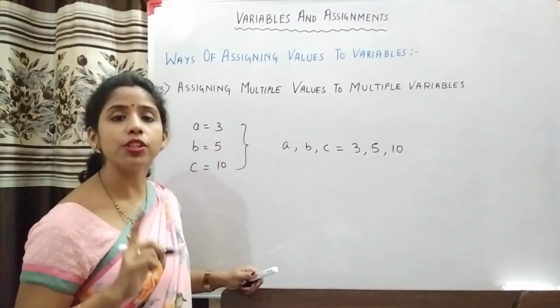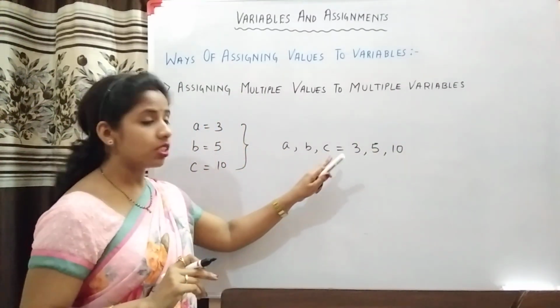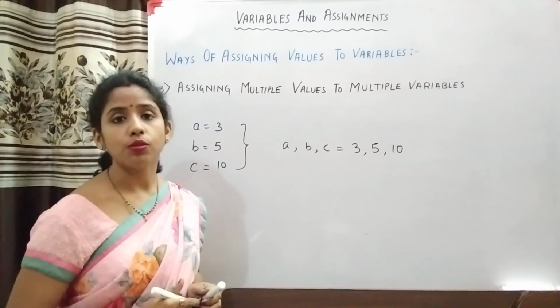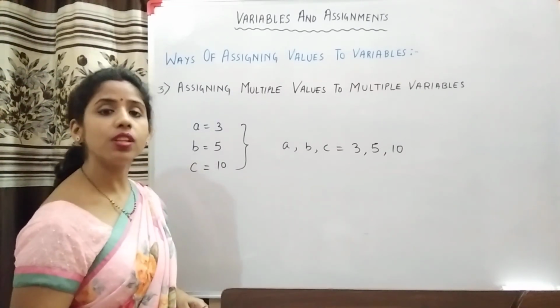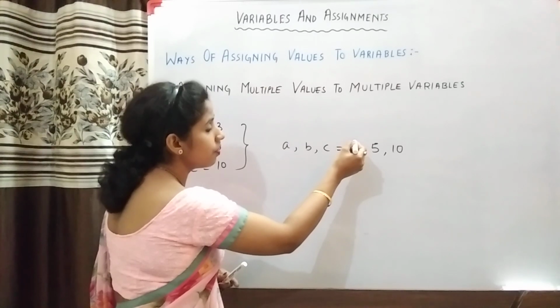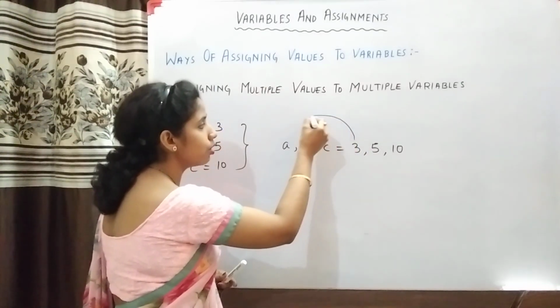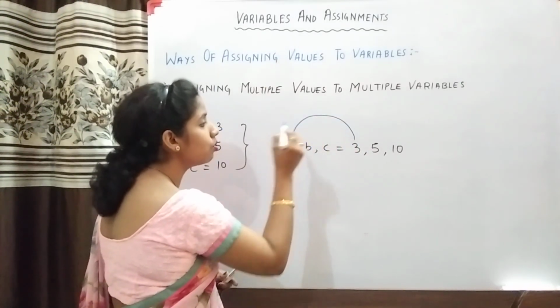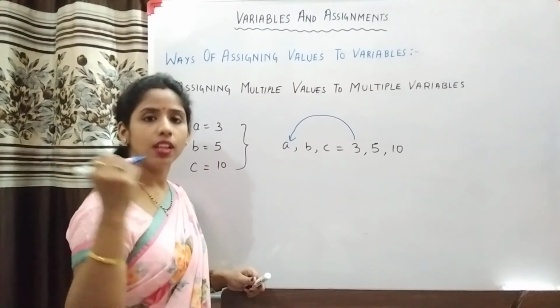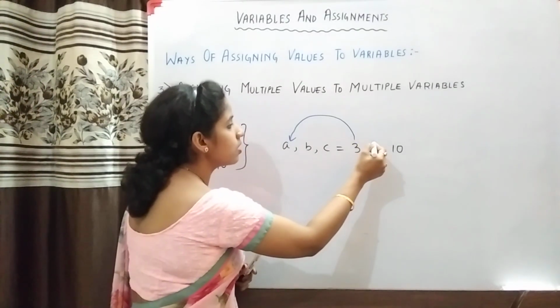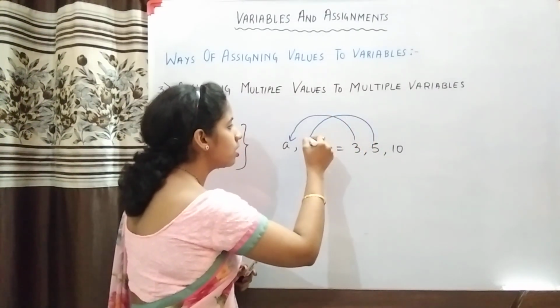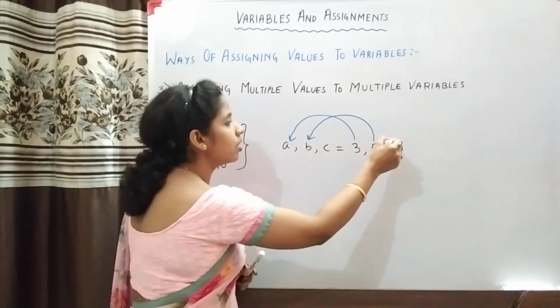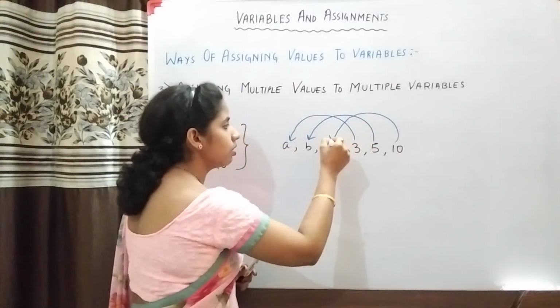Yes, here you have to be sure about the sequence of the variables and values, because how the values are assigned: the first value on the right hand side is assigned to the first variable on the left hand side. Then the second value is assigned to the second variable. Then the third value is assigned to the third variable.